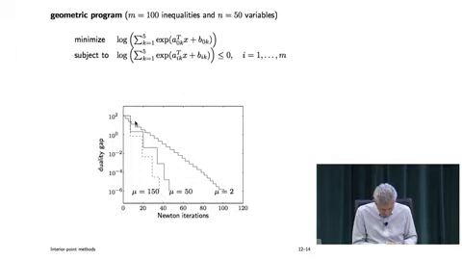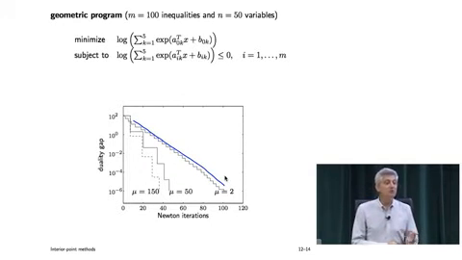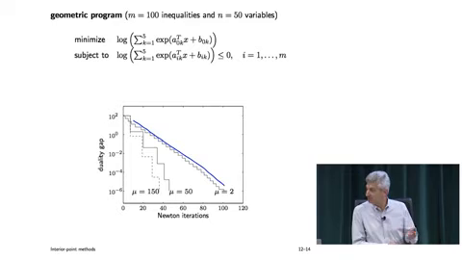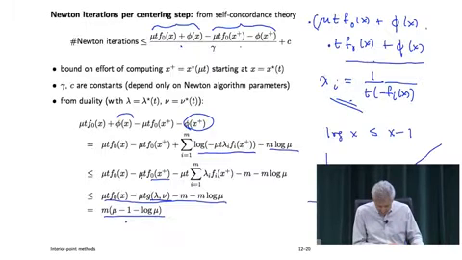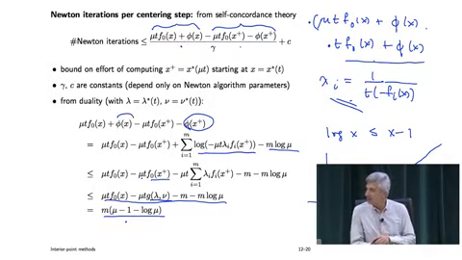Something like mu equals 2, that's pretty aggressive. But if you had mu equals 1.05, it would just be 1 Newton step per iteration. It'd take you a long time, but it would be 1 Newton step per iteration. And that's predicted exactly by this right here. And it says as mu gets bigger, you pay approximately linearly, okay?